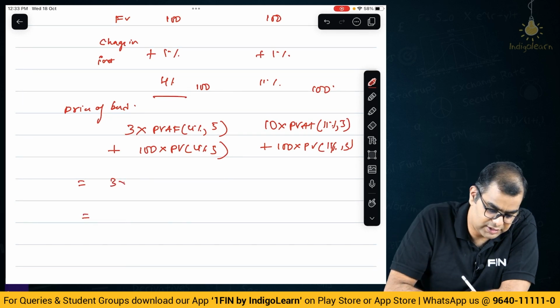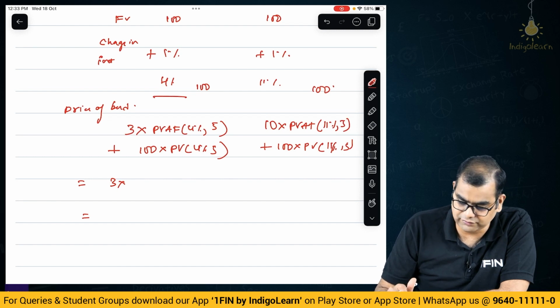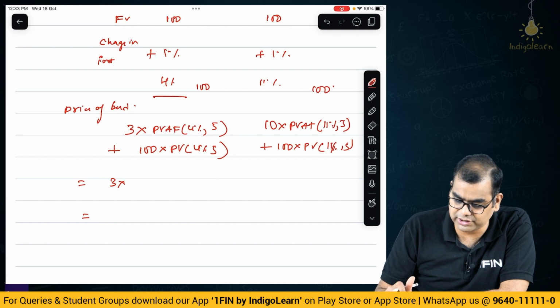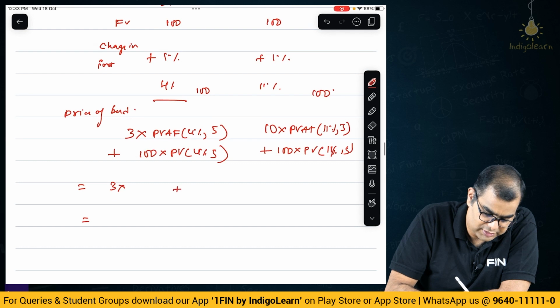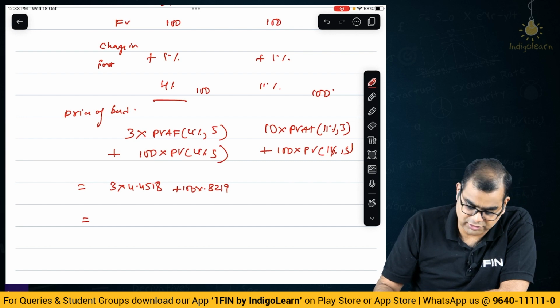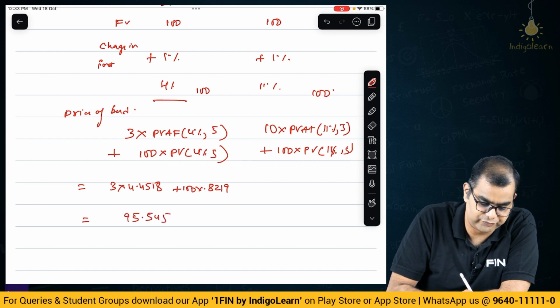This will be 3 into 1 by 1.04 for 5 years: 1, 2, 3, 4, 5. So, this will be 100 into 0.8219 and the annuity factor 4.4518 into 3, is equal to plus 82.19. That will give you 95.545.